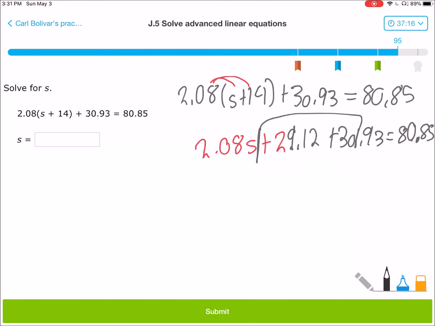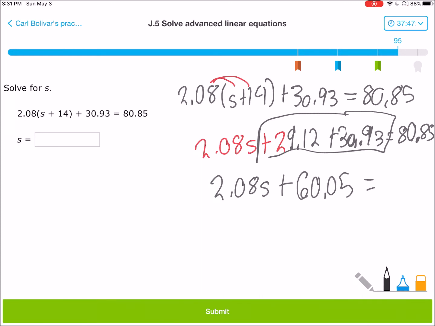So now I am going to combine these two terms here. When I do that, I will get 2.08s plus, now 29.12 plus 30.93 is 60.05, is equal to 80.85.